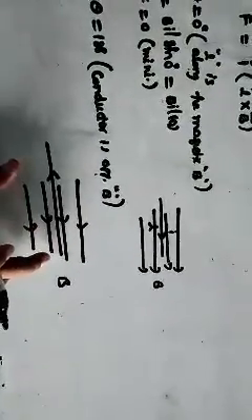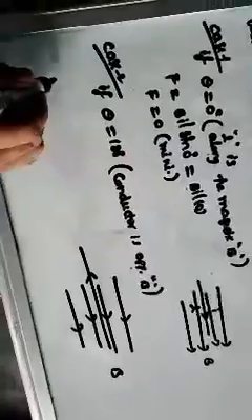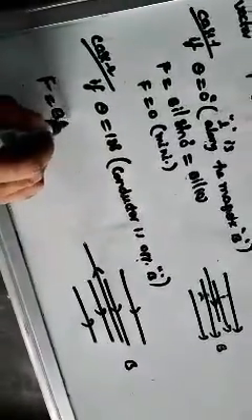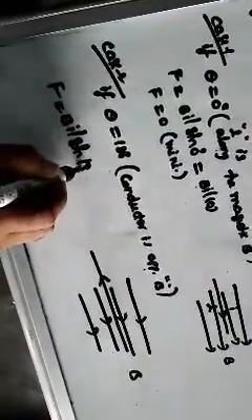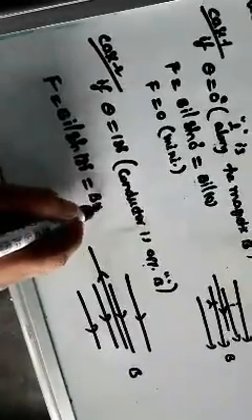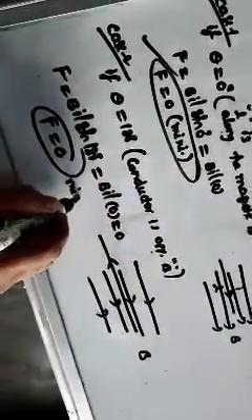Then also F is equal to BIL sine 180 degree. We know very well sine 180 is also 0, so the force acting on the conductor is 0. Here the force is 0 minimum, and here also the force is 0 minimum. Force is 0 in both cases.